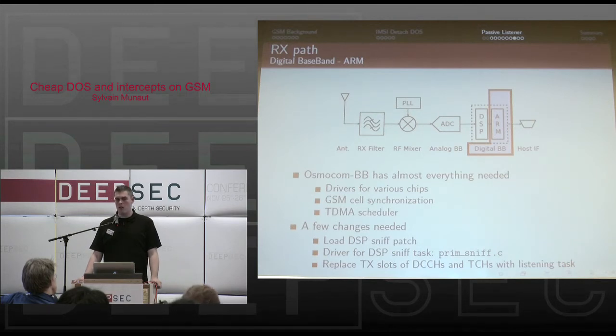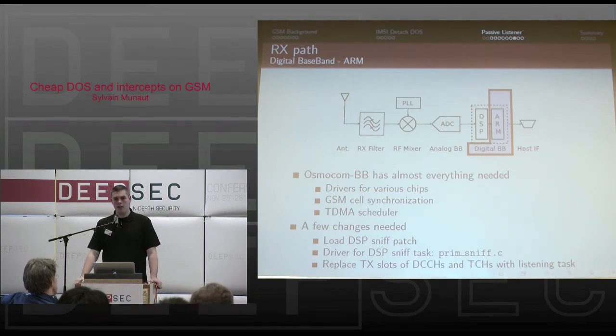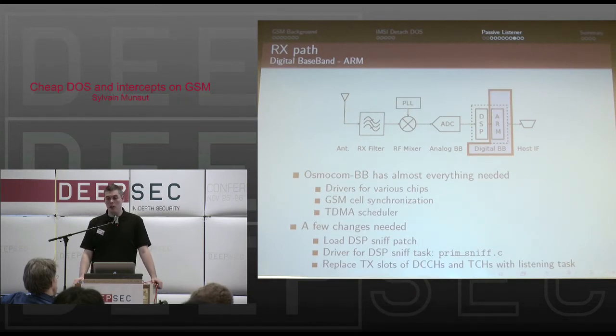It also has all the logic for cell selection, cell synchronization, and what's called the TDMA scheduler, that is scheduling events on particular frames on the GSM network. There are a few things we need to change. First, we need to patch the DSP at the boot. That's kind of obvious. Finally, we need a driver for the new task that we added to the DSP.